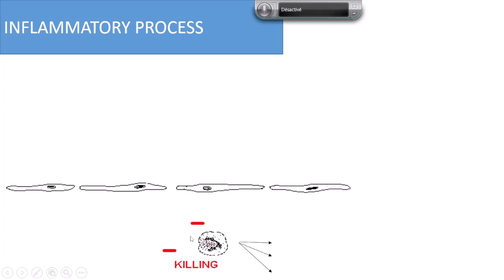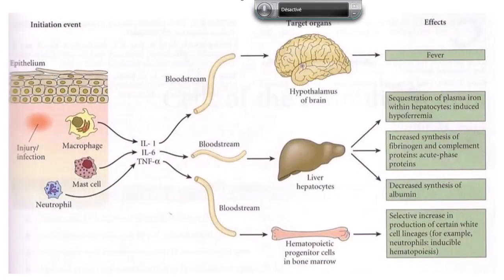So he's going to call for help. And how does he do that? He's going to release tumor necrosis factor, interleukin 1, interleukin 6. So what are these molecules going to do? Right here, this is our interleukin 1, 6, and tumor necrosis factor alpha.